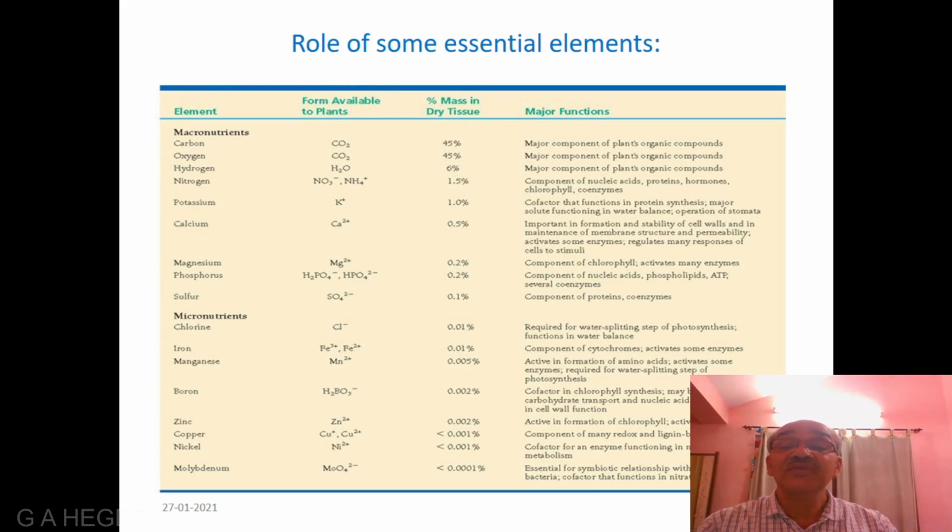Major component of plant organic compound. Hydrogen, available to the plant in the form of water. It is a major component of plant's organic compound. Nitrogen, available in the form of nitrates, ammonium compounds, etc. Components of nucleic acids, proteins, hormones, chlorophyll, coenzymes, etc. Likewise, the roles of the other elements.